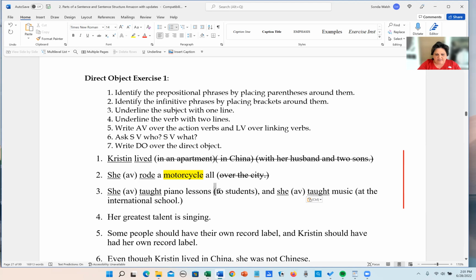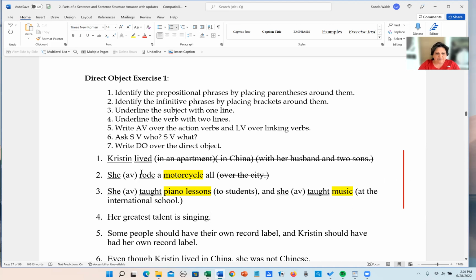This is the reason why we mark out the prepositional phrases. Who she taught are the students, but that is not the direct object. That is an adjectival phrase. So she taught what? She taught piano lessons. And if we want to be really specific, we would just say lessons. So over here, she taught who, nothing answers that. She taught what? She taught music. So music is our direct object.